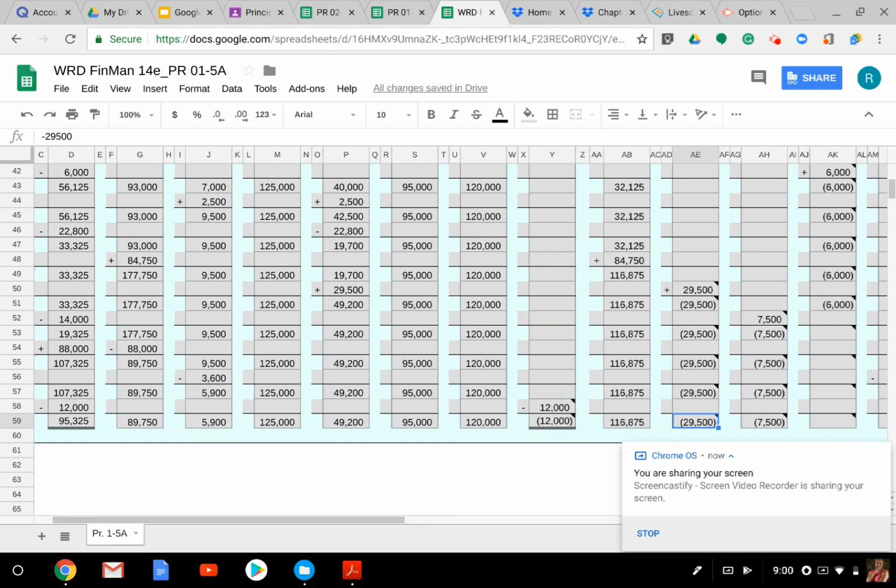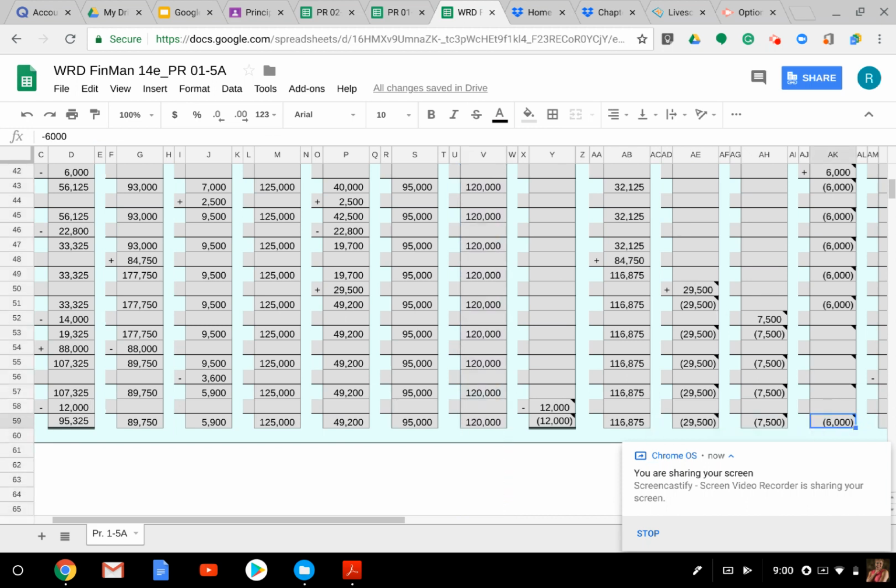$29,000 is your balance in dry cleaning expense, $7,500 in wage expense, $6,000 in rent expense. Oh, we forgot to bring the $6,000 down. And it's a negative $6,000 all the way across. So remember, that's not what I want to do.